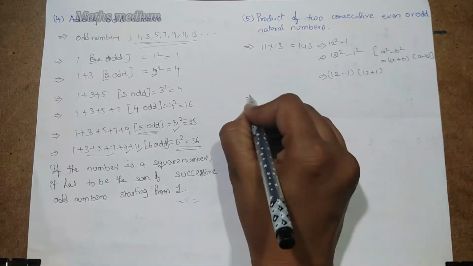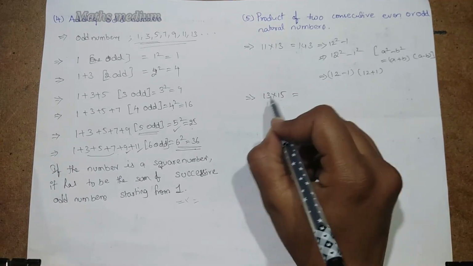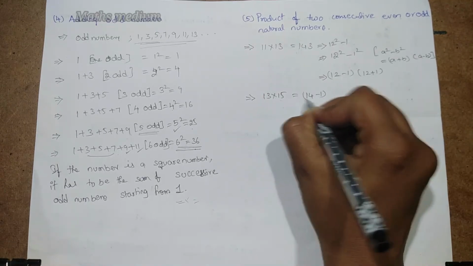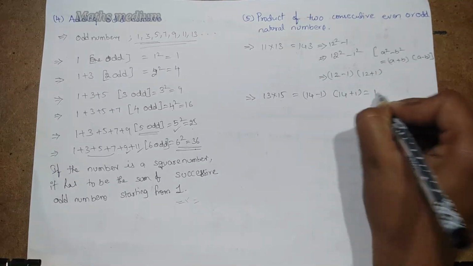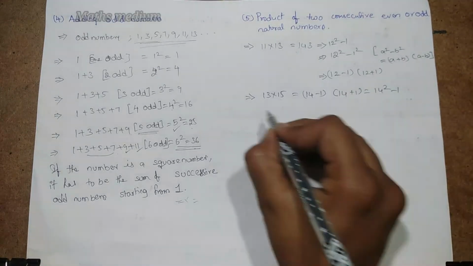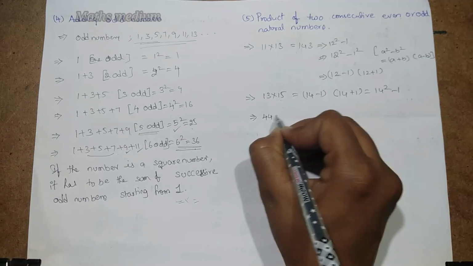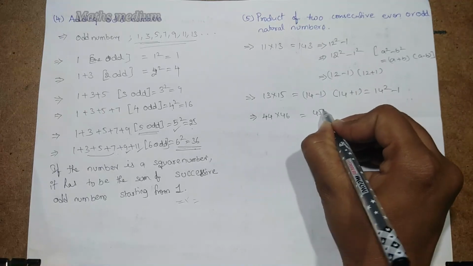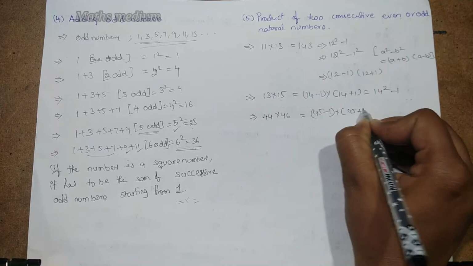Similarly, if you take any two numbers like 13 into 15, two consecutive odd numbers, let's take 14 minus 1 into 14 plus 1. It's like 14 square minus 1. If you take even numbers like 44 into 46, it can be written as 45 minus 1 into 45 plus 1.